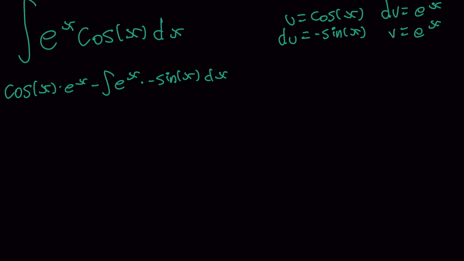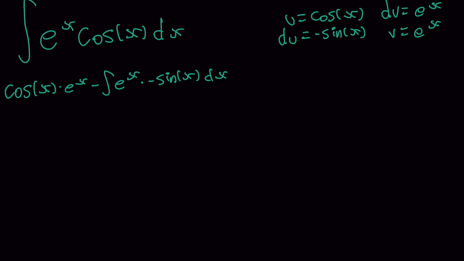So right here, you can see this didn't really get simpler, right? But what we can do is we can just differentiate again. I'm going to use just a different color to represent that. One thing you have to keep in mind here, though, is at the start, we picked our trig function to be u, which means we have to be consistent with that.